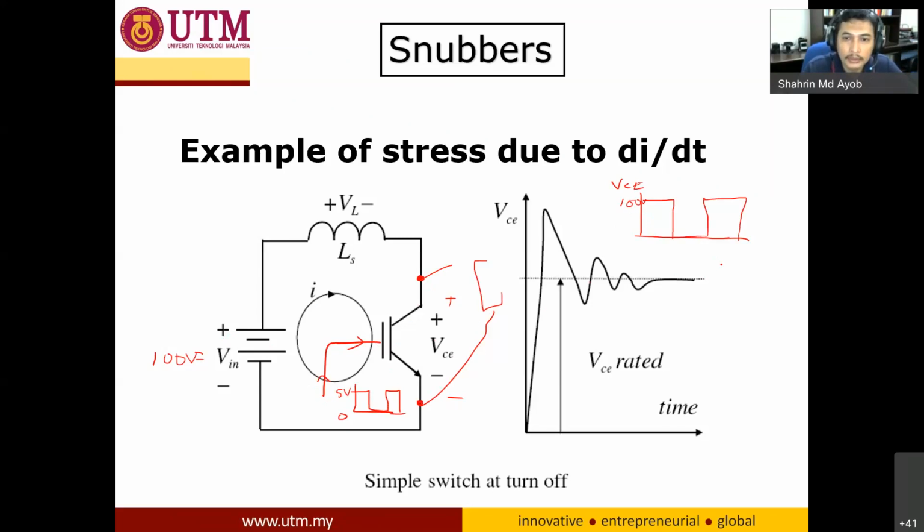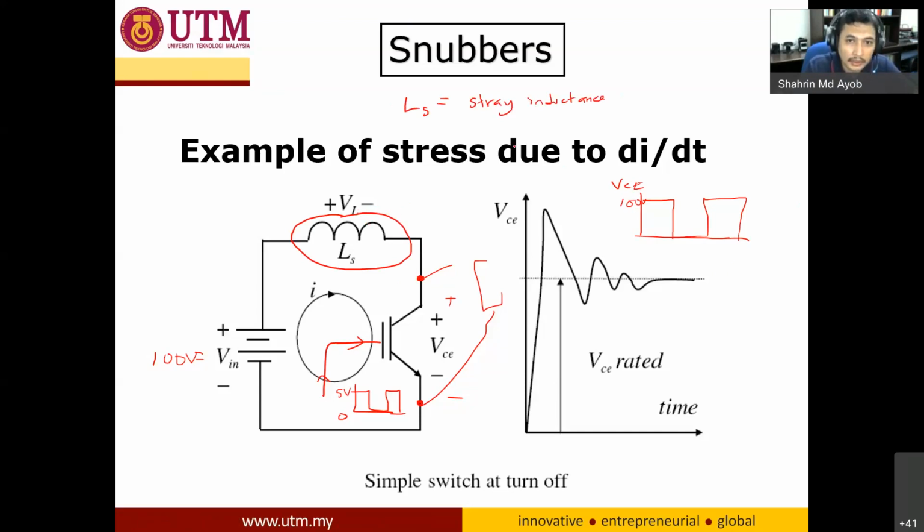But as you can see here, we have LS, sometimes called stray inductance. This stray inductance is not purposely there. It is what we call a parasitic element. We cannot avoid that.